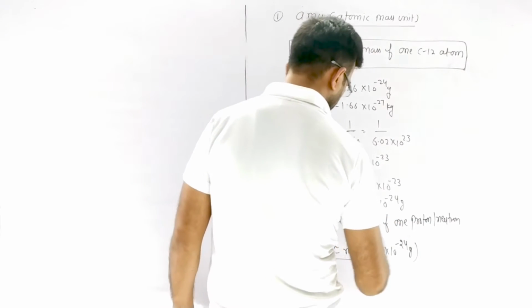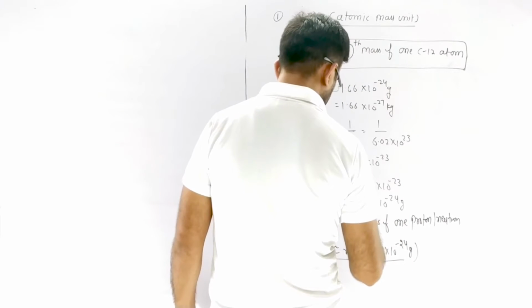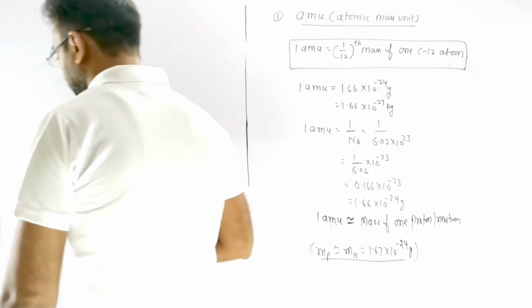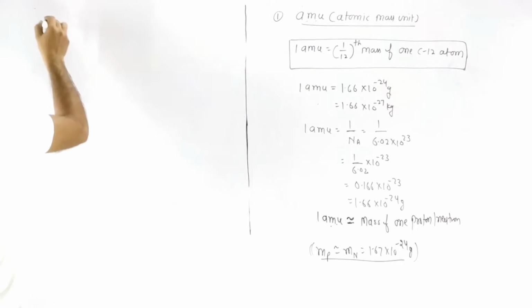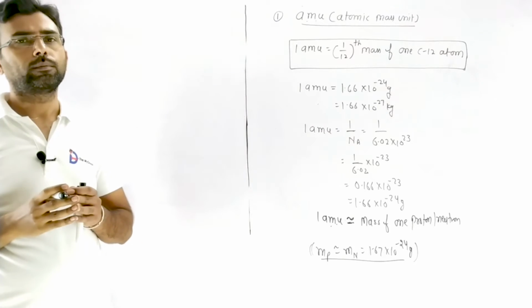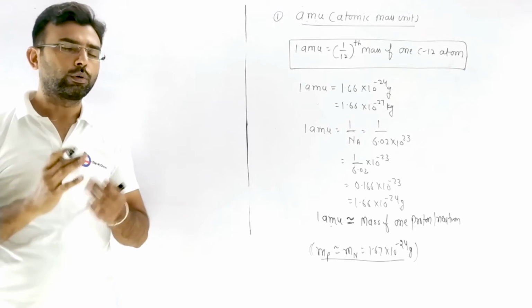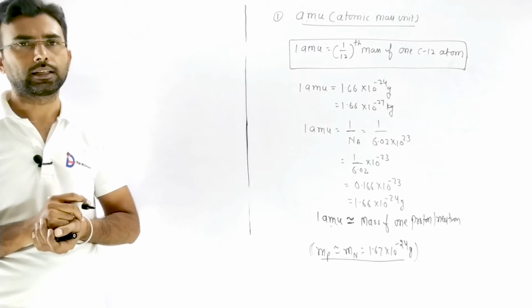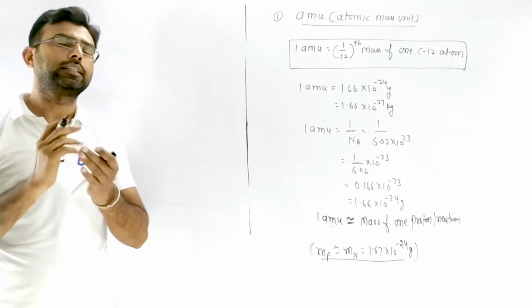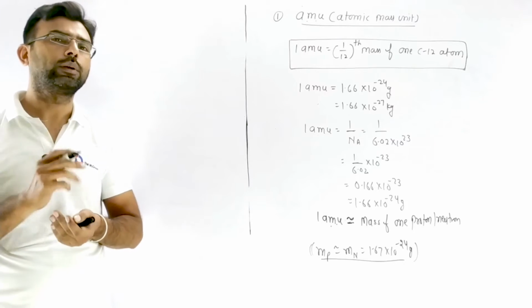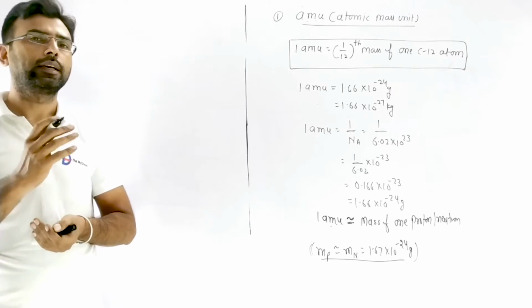So we write that approximately 1 AMU is equivalent to the mass of 1 proton or neutron. Now, why do we select the C12 atom for 1 AMU? Because the C12 atom has maximum abundance in nature, and its mass has an integral form. That's why we use the C12 atom to define 1 AMU.